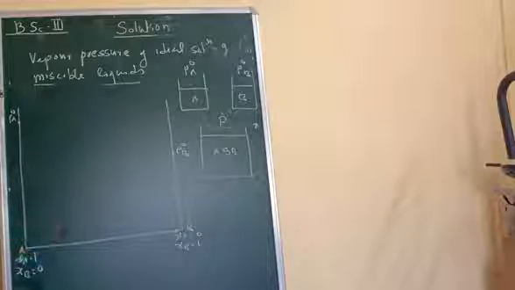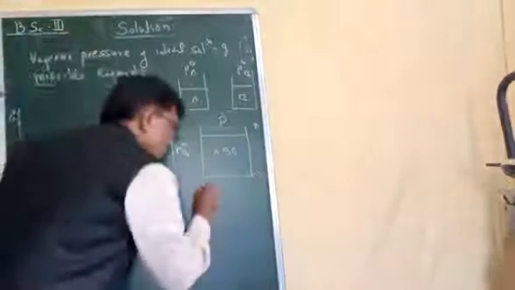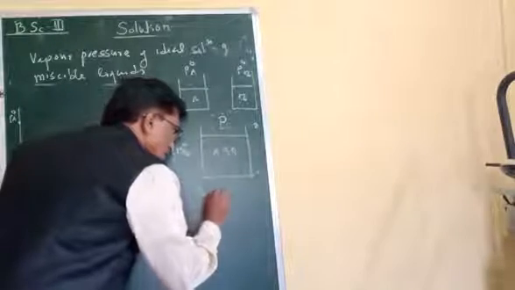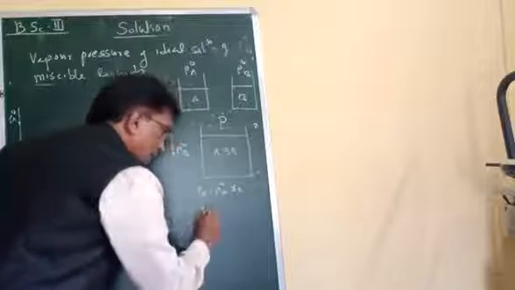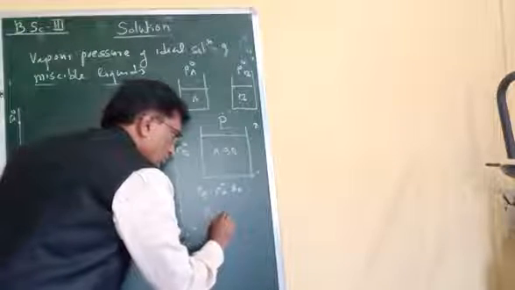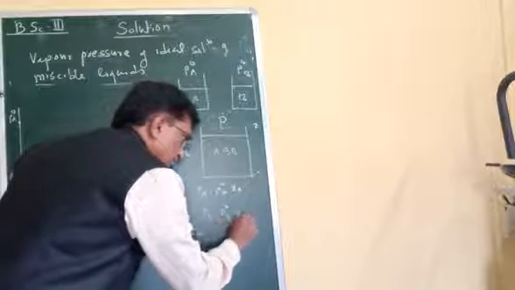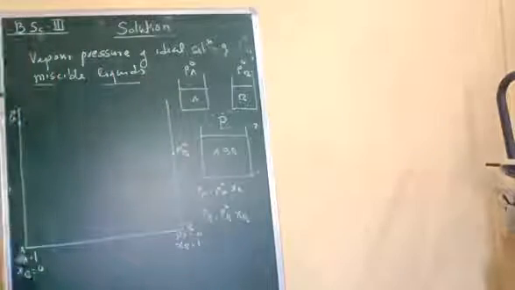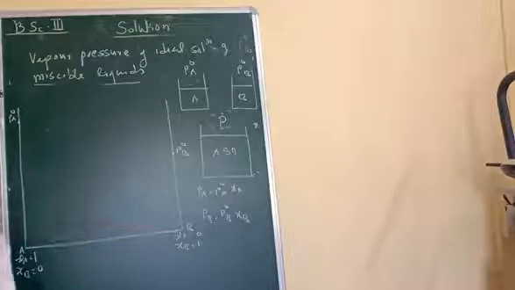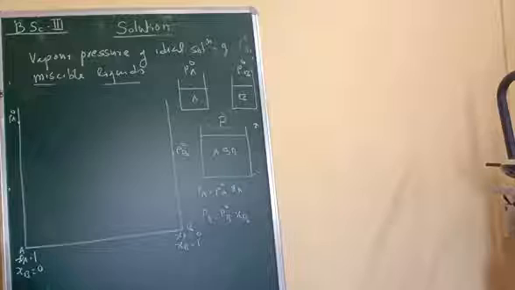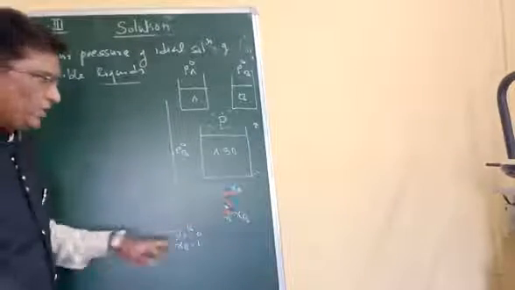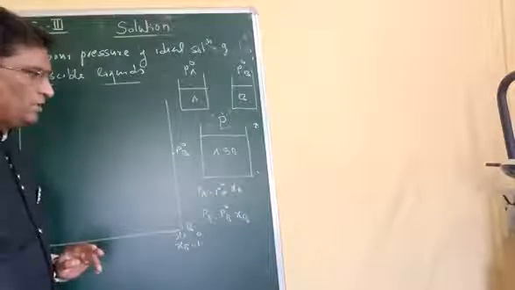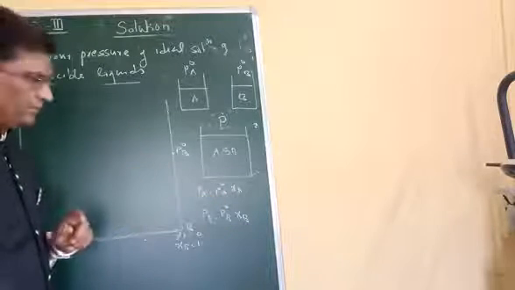Now according to the Raoult's law equations, PA is equal to P0A XA and PB is equal to P0B XB. These equations show that if we draw PA versus XA or PB versus XB, straight lines should be obtained.